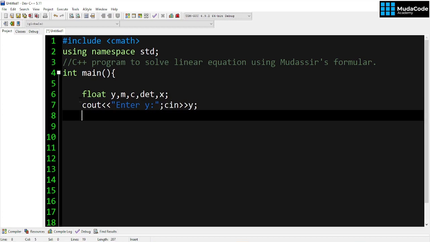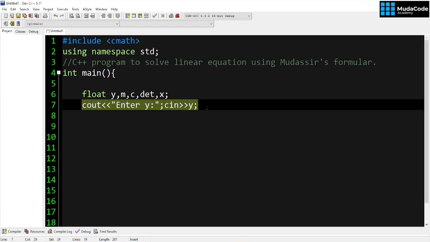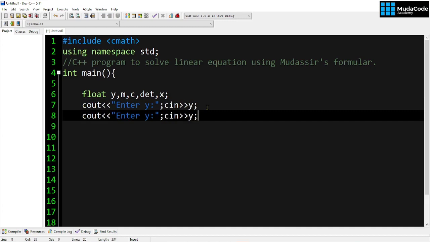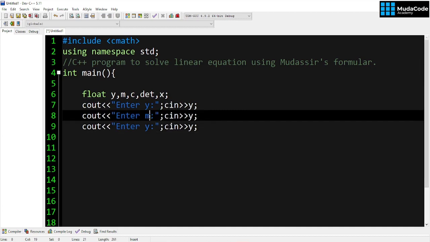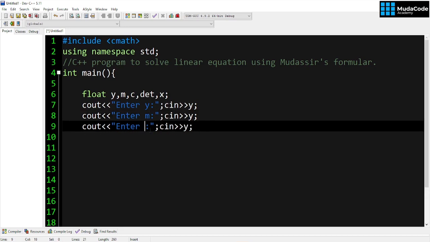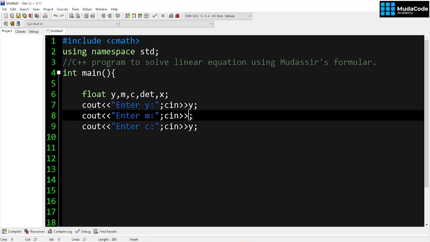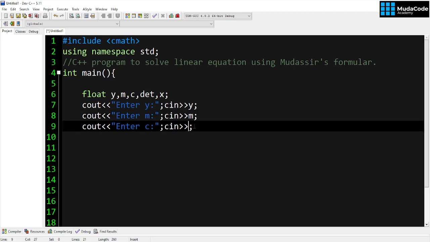And again, let's just copy this one, Control C, and paste 3 times. So this one should be enter m, this one should be enter c, and we have something here like m and c.